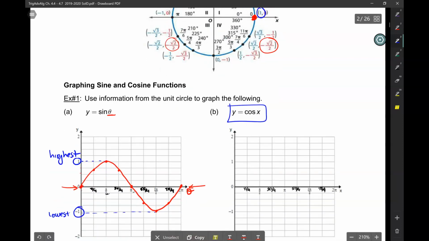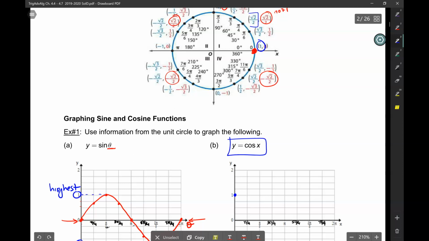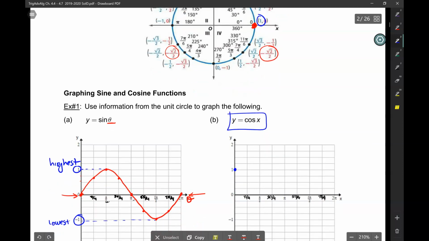So at 0, my cosine is 1. At pi/4, how much is the cosine? Root 2 over 2, which is 0.71. I'm going to give you guys a minute to complete the rest of this with the cosine values. Go.